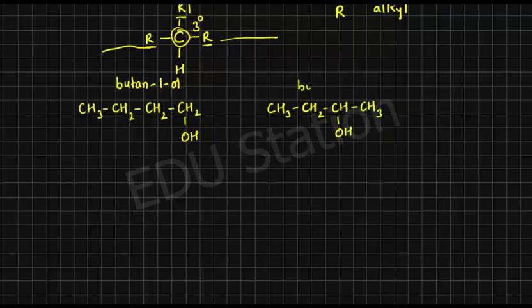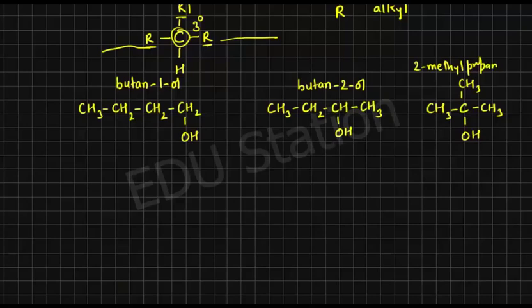So, this is butane 2-ol, and then you have CH3C, CH3, CH3OH. This is 2-methyl propane 2-ol.